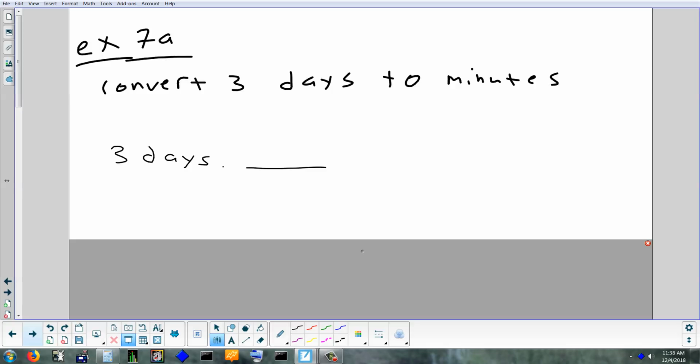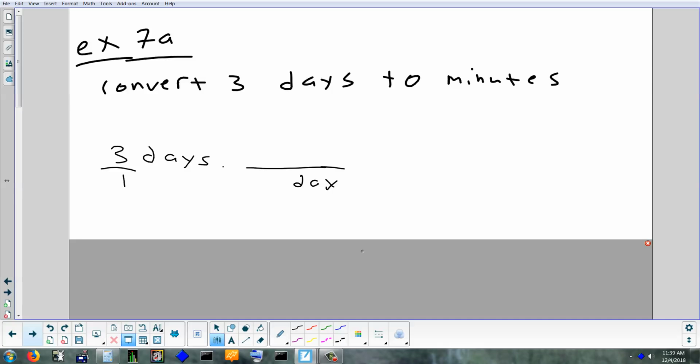When you convert from days to minutes, we're just going to go one unit at a time. What's the next time unit smaller than a day? An hour. Even if we don't know how many hours in a day, which we should, we can figure out where days should go. We're trying to cancel it out. It's in the top, so it's going to go in the bottom.